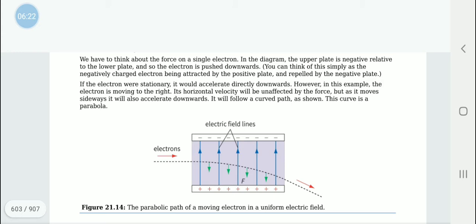I hope you can remember the centripetal force. Just like that, it goes in a circular trajectory because of the uniform force that is attracting it towards the center of the circle. The electrons would start traveling in a parabola because they are attracted towards the positive plate.